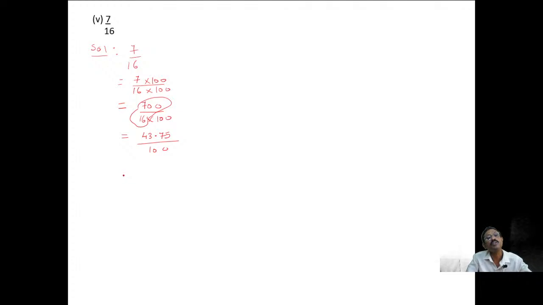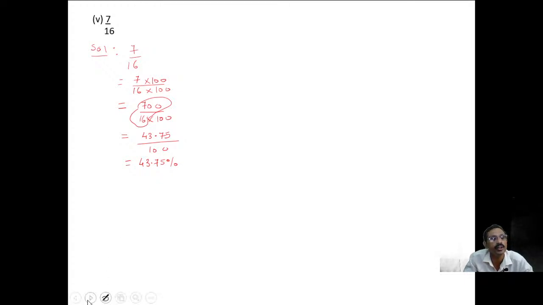And what is 43.75? It is expressed in percentage. So 7 upon 16 is equal to 43.75%.